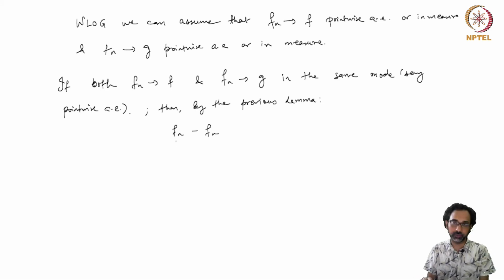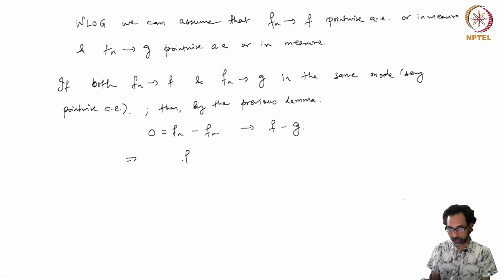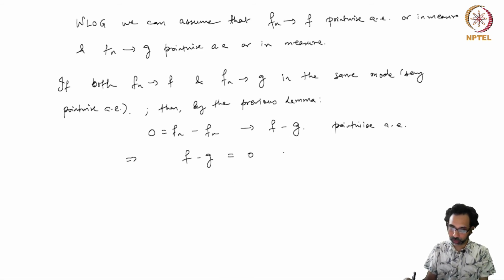So we choose the two sequences Fn and minus Fn and we add them, so you get the 0 sequence. This converges to F minus G. So this is by our previous lemma, because if you had two sequences that converge to F and G, then their sum converges to F plus G, and so we have this. But this means that F minus G, so this is pointwise almost everywhere, but since this is a constant sequence, this means that F minus G equals 0 almost everywhere. So this means that F equals G almost everywhere, and we are done.